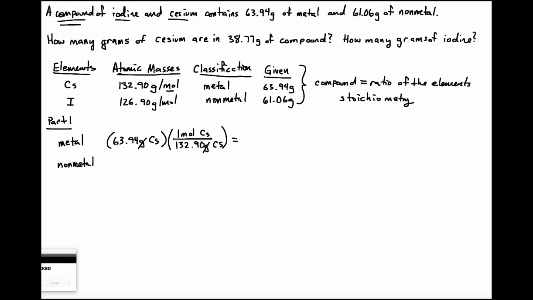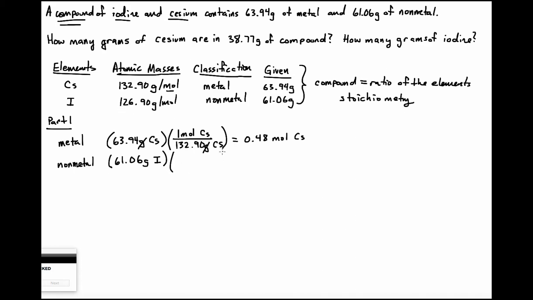We're going to take 63.94 divided by 132.90. That gets us 0.48 moles of cesium. We're going to do the same for the non-metal. We're starting with 61.06 grams of iodine. 126.90 grams per mole, that's a relationship.